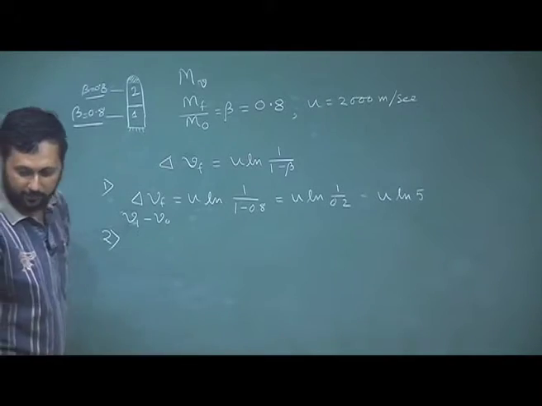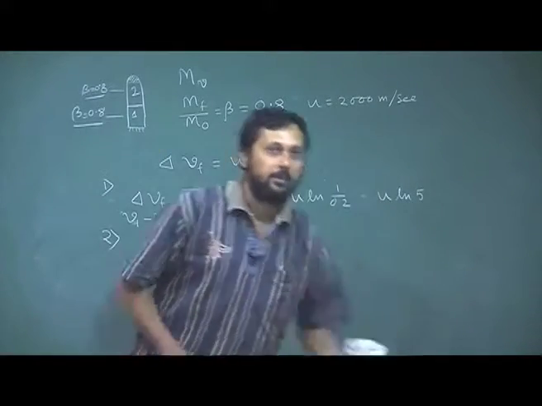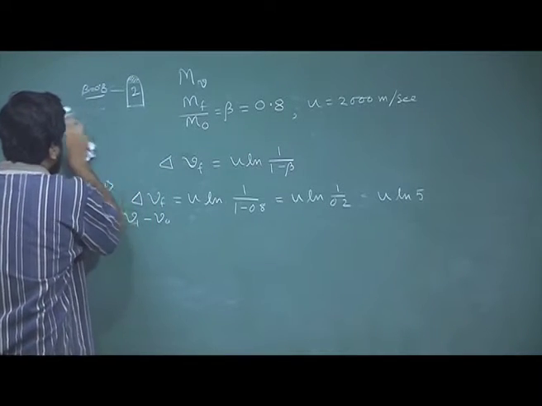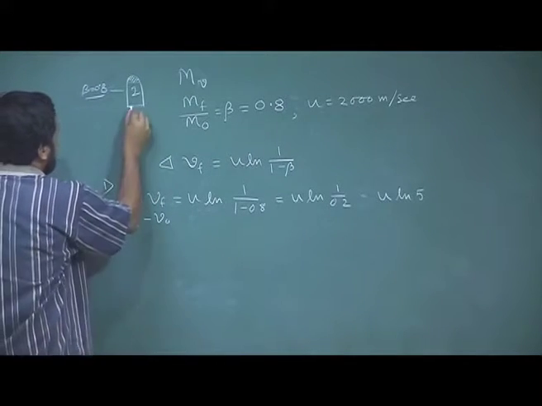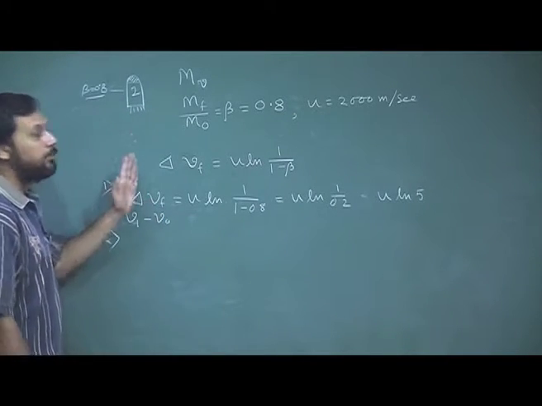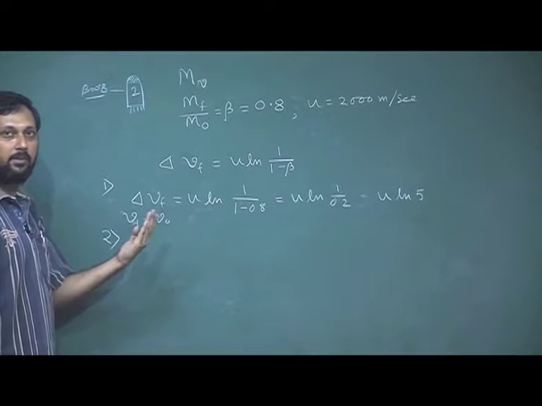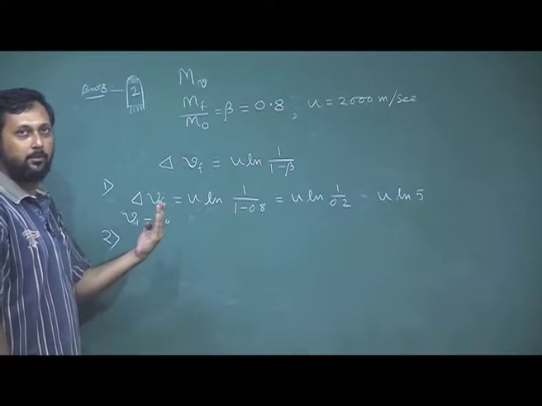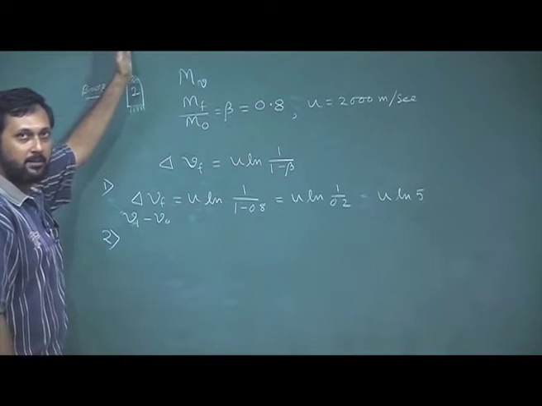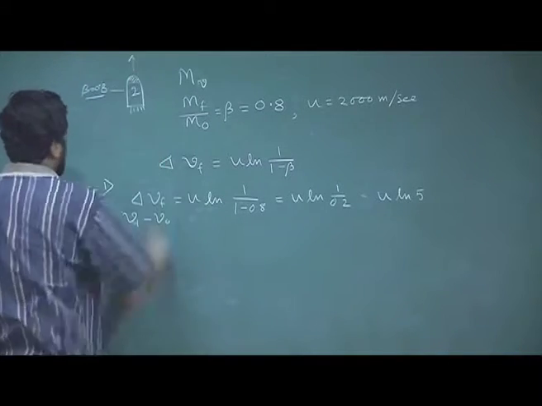So what happens is after the first stage is exhausted, this part will be thrown out of the rocket and the second stage will fire. As a consequence, the velocity will keep increasing, and because it is in free space, we are assuming there is no maneuver. So it will keep moving in the same direction, okay, along this same line.